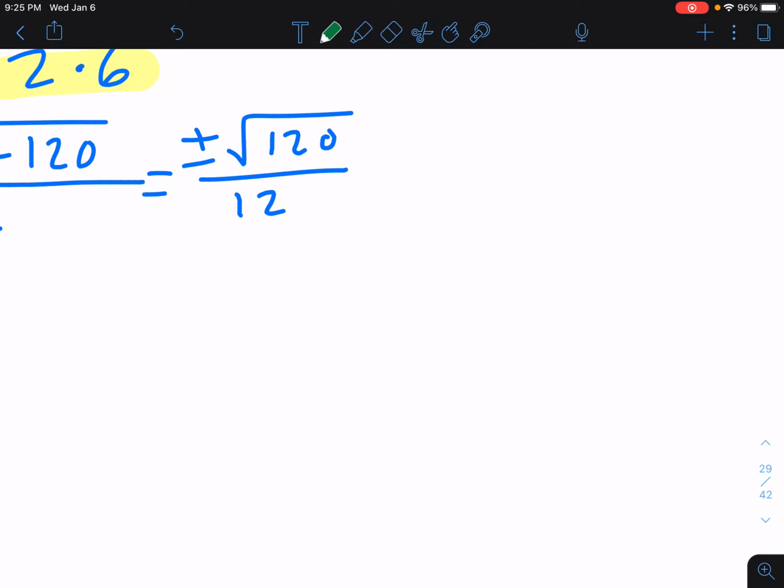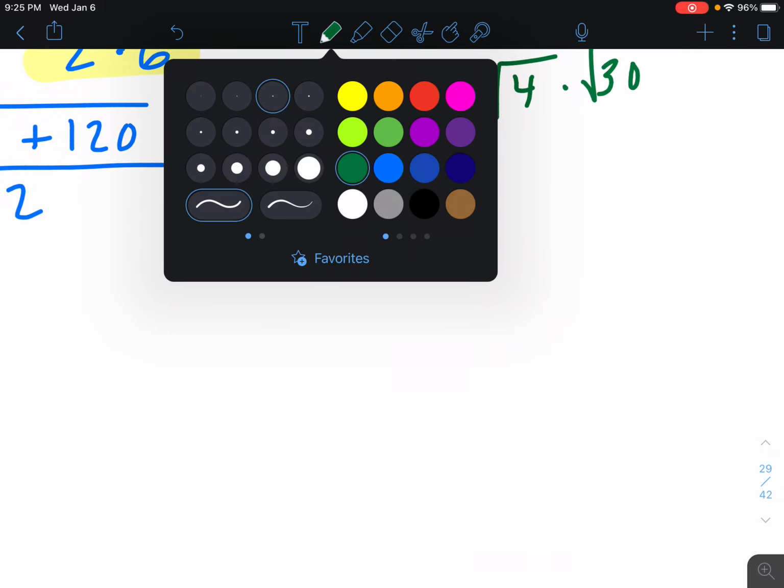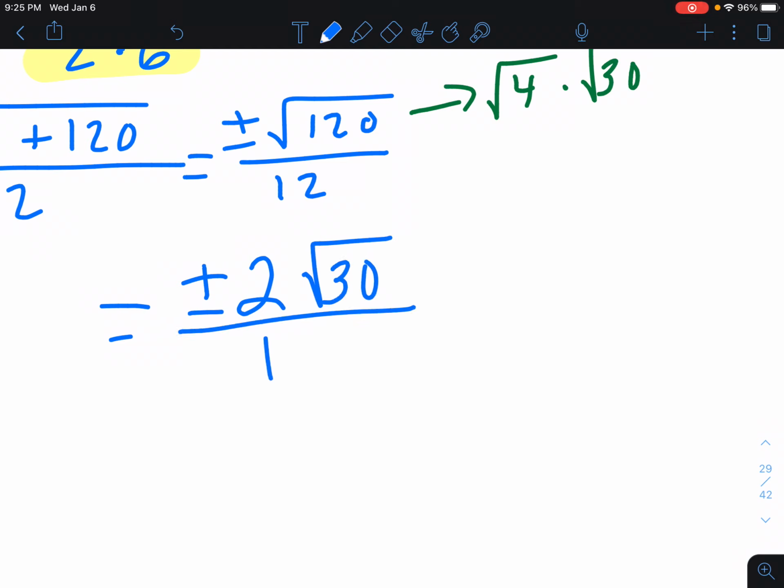Yes, there is, and it's actually the number 4. So that becomes the square root of 4 times the square root of 30. So to keep simplifying, we can say plus minus. The square root of 4 is 2. Bring down the square root of 30, and then over 12.